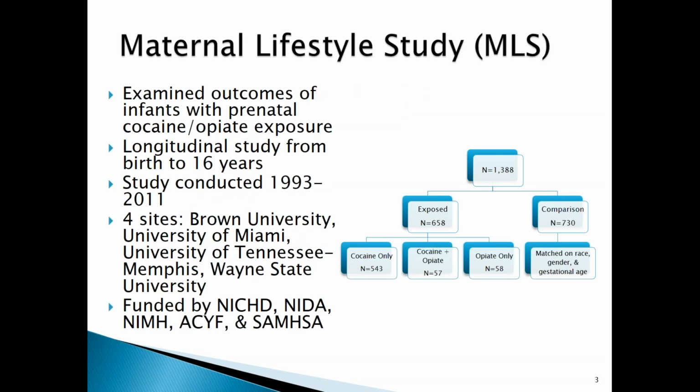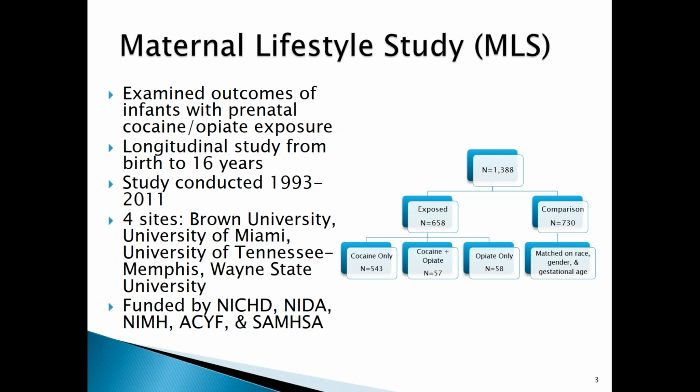So as a reminder, the Maternal Lifestyle Study was designed to examine the outcomes of children who were exposed to cocaine and or opiates prenatally. It follows the children from birth to 16 years, so it's a longitudinal study. It was conducted beginning in 1993 and ended in 2011.